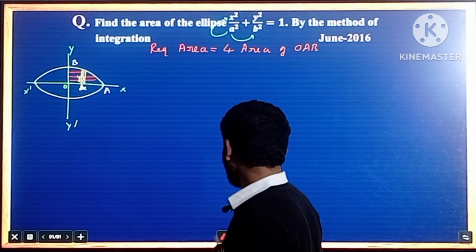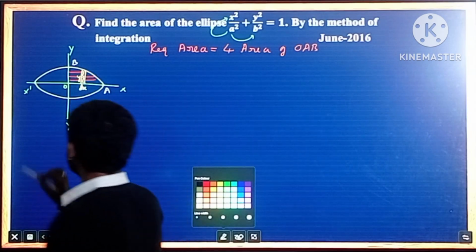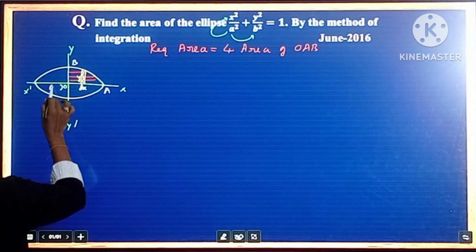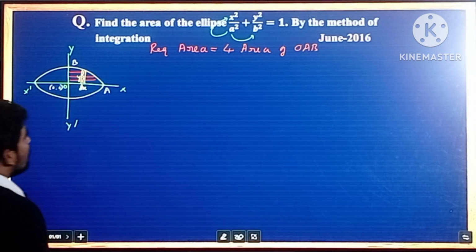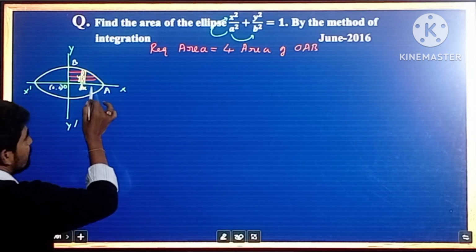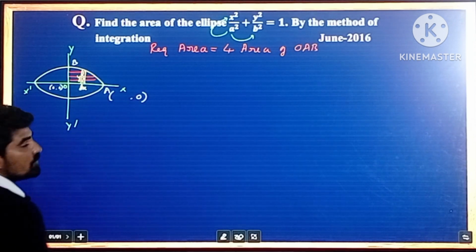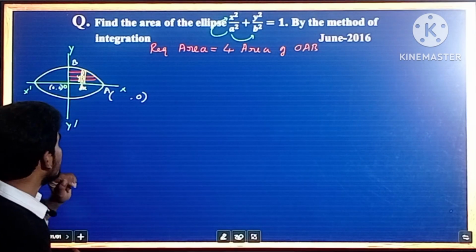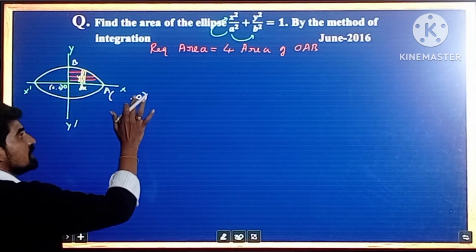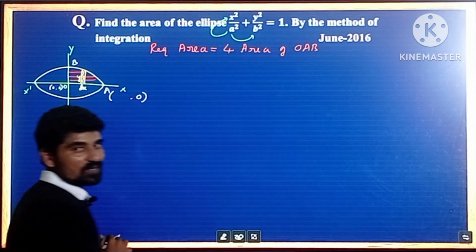And we know that the coordinates of the point origin is 0, 0. To find coordinates of the point A, as you know that point A is on x-axis, therefore definitely its y-coordinate is 0. And x-coordinate of the point A obtained by substituting this value of y in the equation of ellipse.